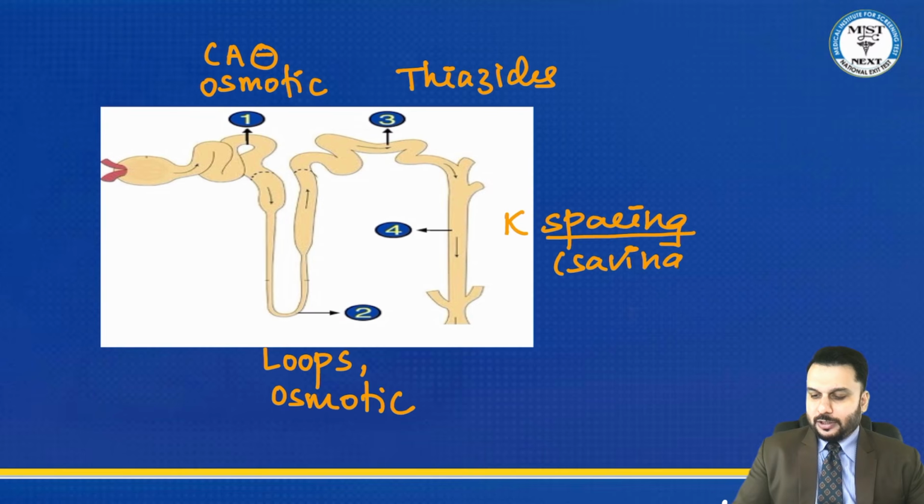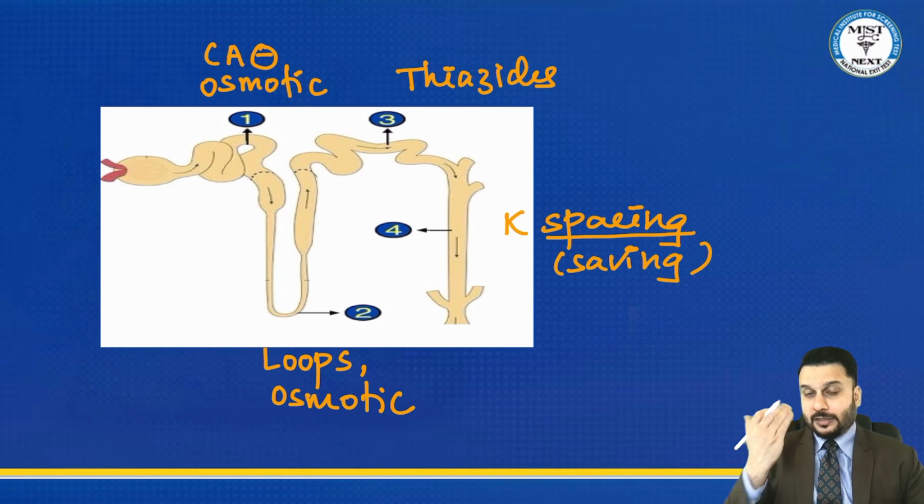You must remember these are the only class of diuretics that actually save potassium. Everybody else loses potassium. Are you all with me on that? So only these save potassium, that's why the name is potassium sparing. Rest of all the diuretics we talked about will lose potassium. That is the basic construct that you must keep in mind.